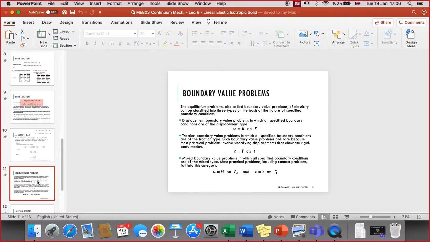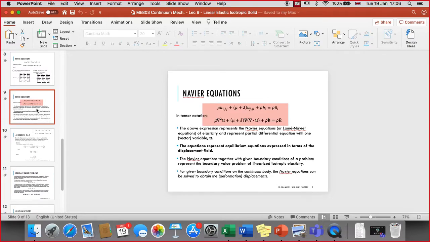If a specimen is under bending or torsion or this or that, whatever it may be, for the linear elastic isotropic solid, if it has its particular boundary conditions and we are in the small strain regime, we can apply these Navier-Lame equations and solve it.